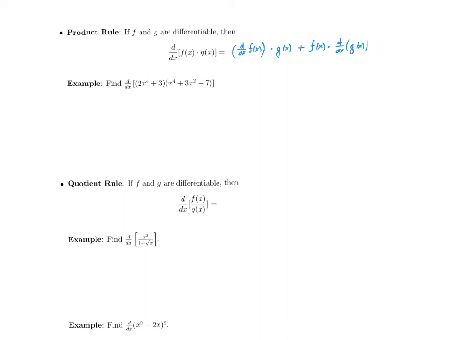And I think this is maybe a bit simpler to write down using our prime notation. And in words, I would think the derivative of the product is the derivative of the first times the second plus the first times the derivative of the second. So as claimed, there's a bit more going on than we might have expected at first glance, and this is what we refer to as being the product rule.